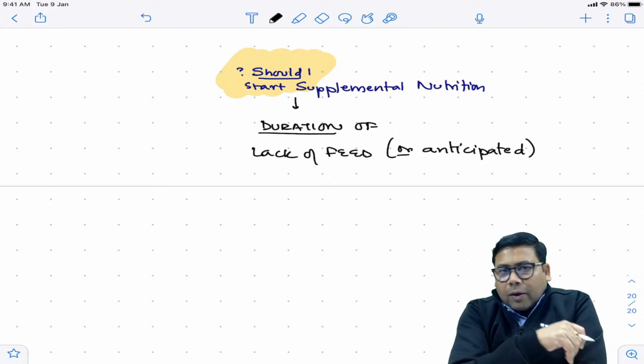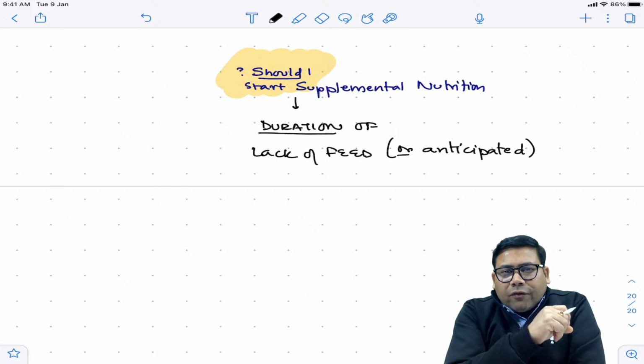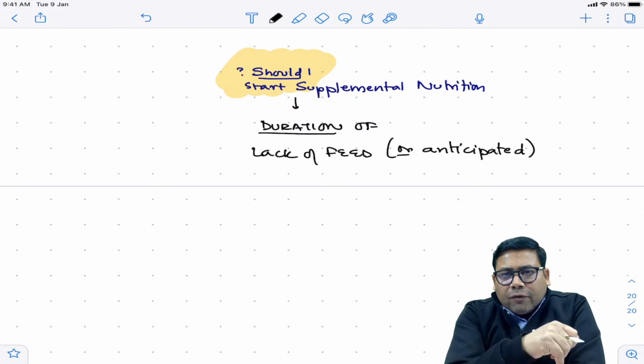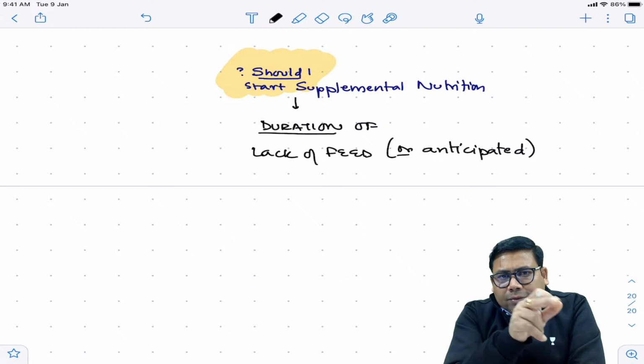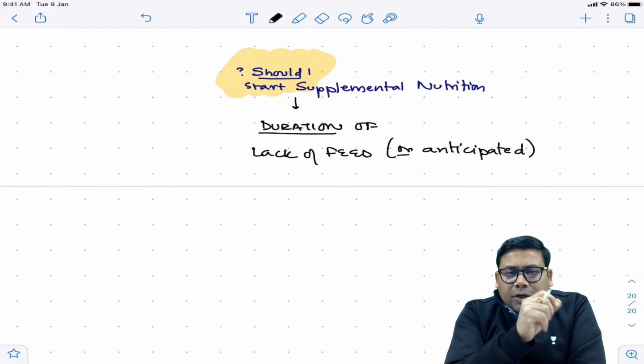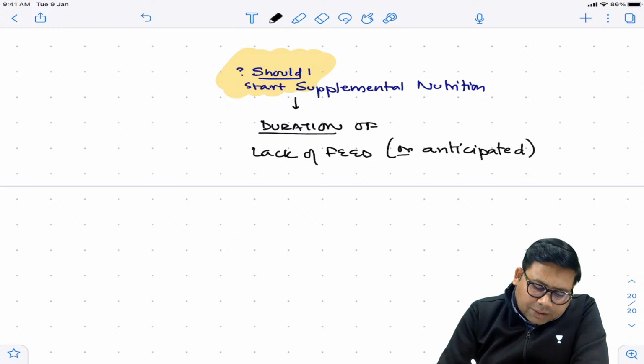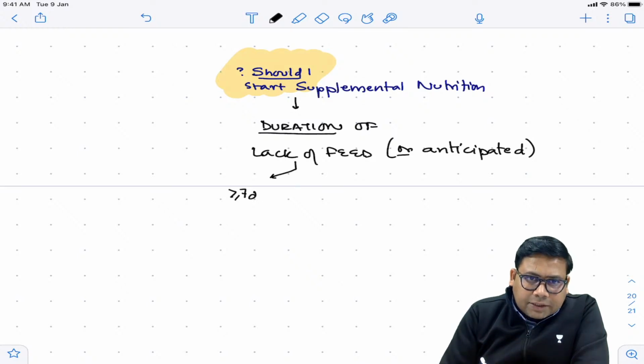So, duration of lack of feed or anticipated lack of feed. What is anticipated lack of feed? Suppose you're planning to go for a Whipple's, and post Whipple's, you know that the patient will not be able to eat properly. That is the place. In this case, if it is more than or equal to 7 days, or if it is less than 7 days.